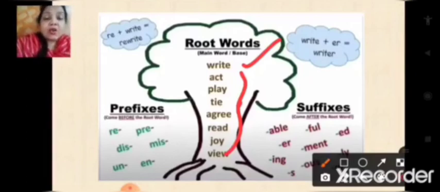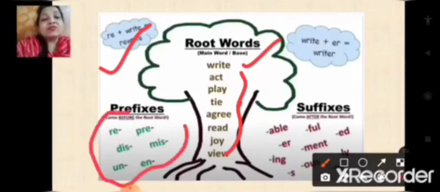Now, as we discussed, to the left hand side of the tree, there are prefixes, the words which come before the root word. So like the way we have written over here, rewrite, okay, that means writing something again, right? So I have given you a few examples over here.